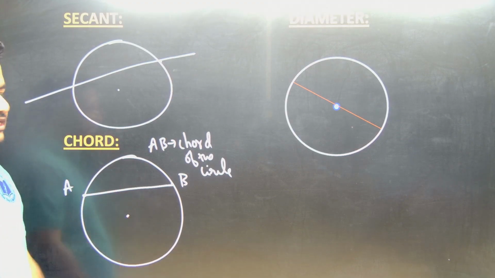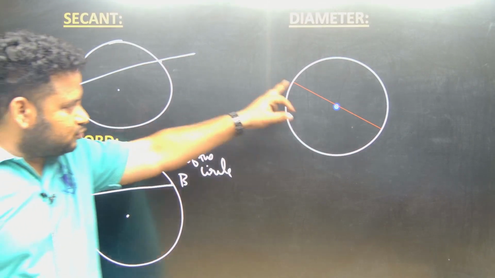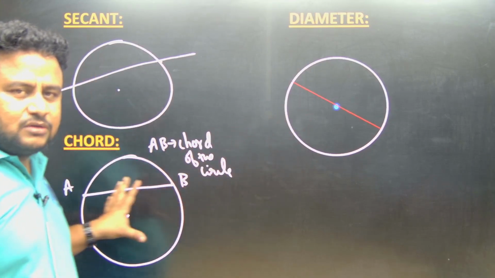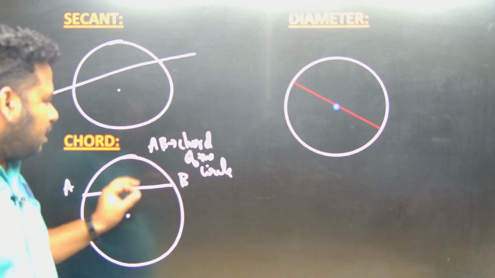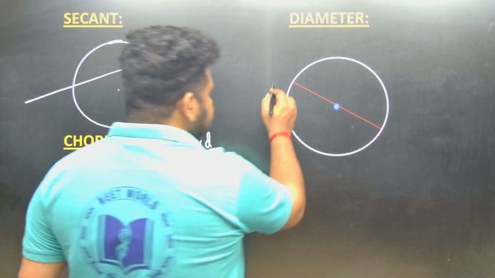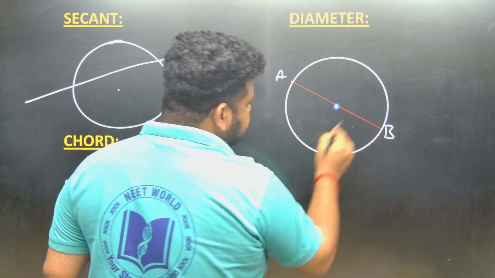Now, if you talk about the diameter, the diameter is also similar to a chord. See here, it is touching 2 different points on the circumference of the circle, but the only difference between a diameter and a normal chord is that the chord which is passing through the center of the circle is called the diameter. See here, this is also a chord, and there is a center, and this chord is passing through the center of the circle.